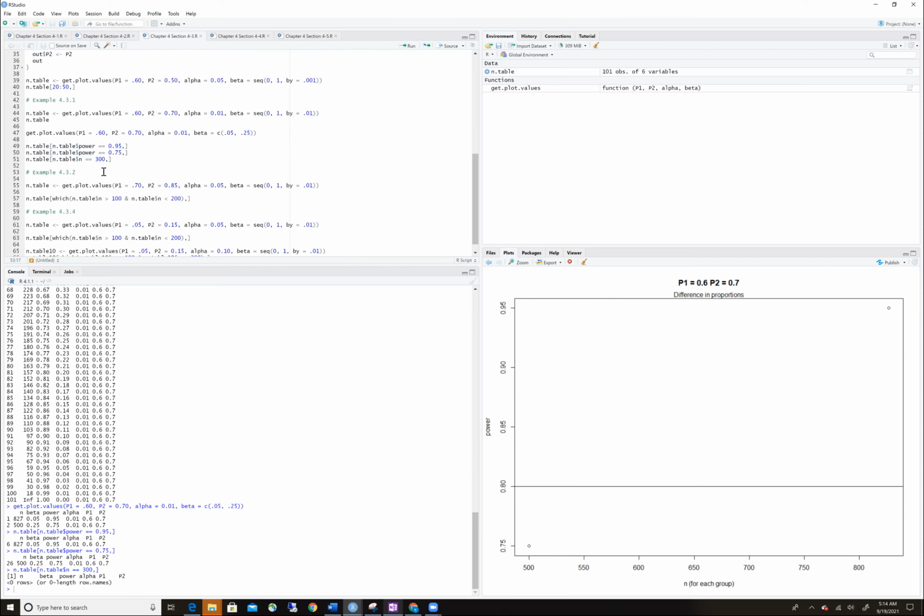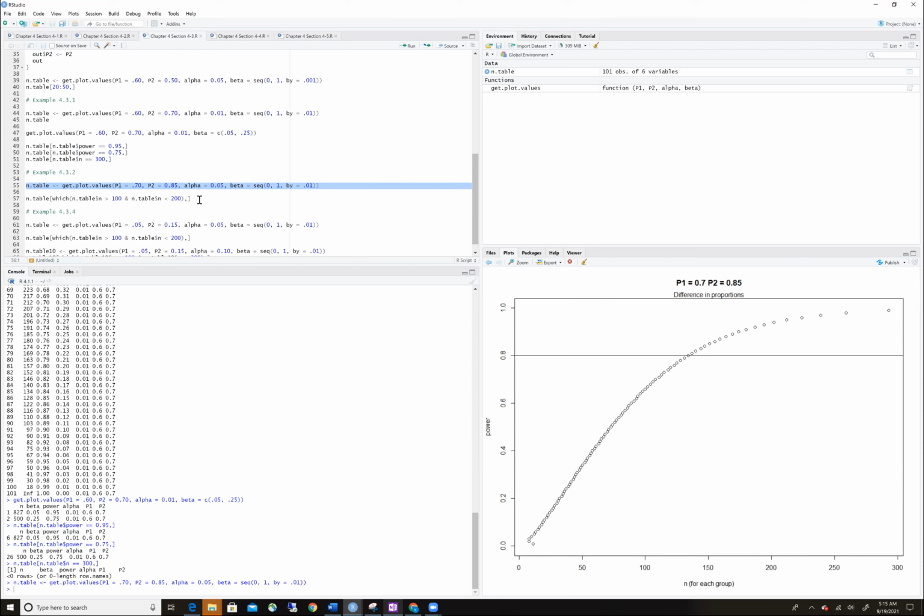Next, we're moving on to example 4.3.2. In this example, P1 was 0.7, P2 was 0.85, with an alpha level of 0.05. We're looking at all the different beta values using our built-in function.